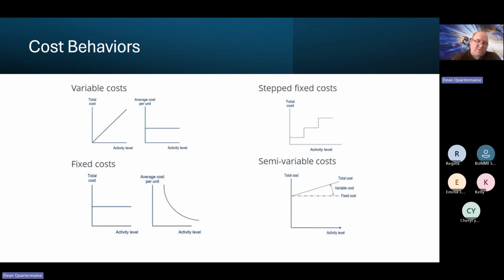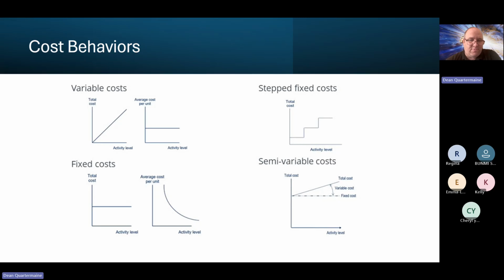So as you can see, we've got a downwards curve. The average cost per unit decreases as activity level increases. So as activity level increases that way, average cost reduces that way.